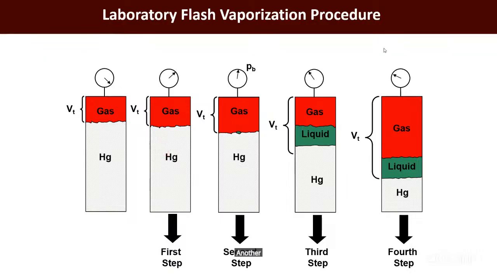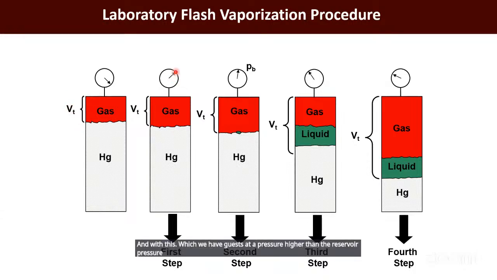Another experiment which I talked about is called CVD, or constant volume depletion, and it's applied only to retrograde gas condensate and wet gas, where we have gas at a pressure higher than the reservoir pressure.